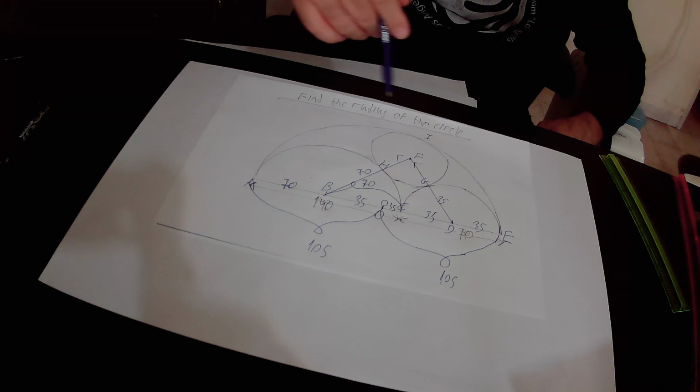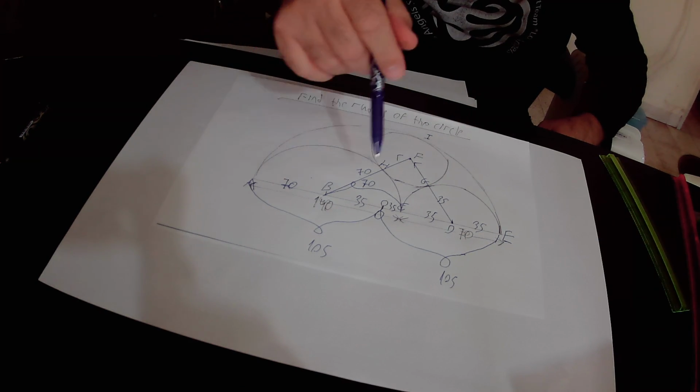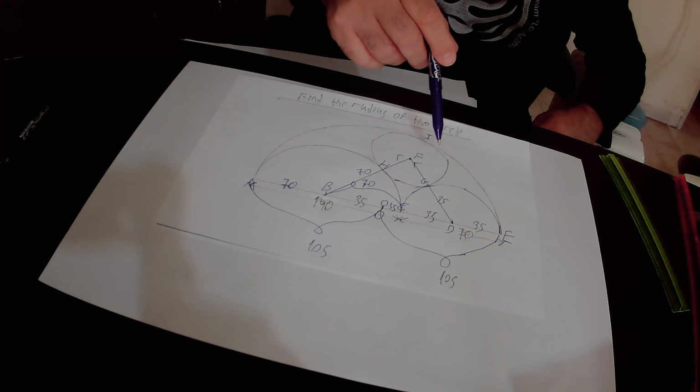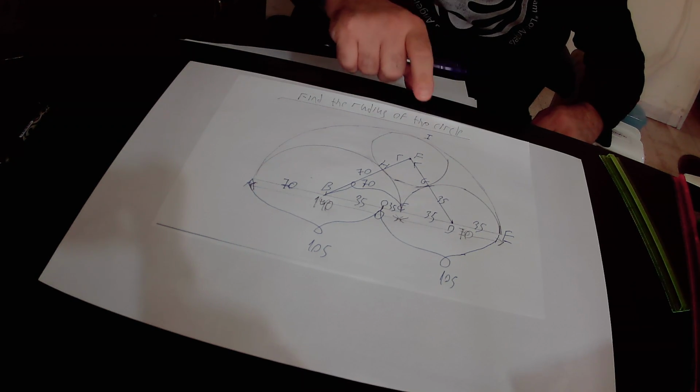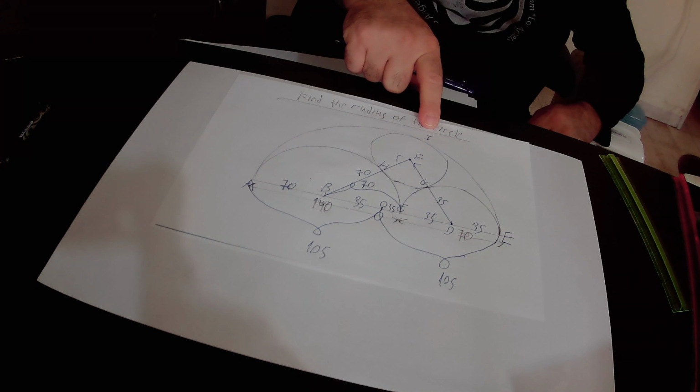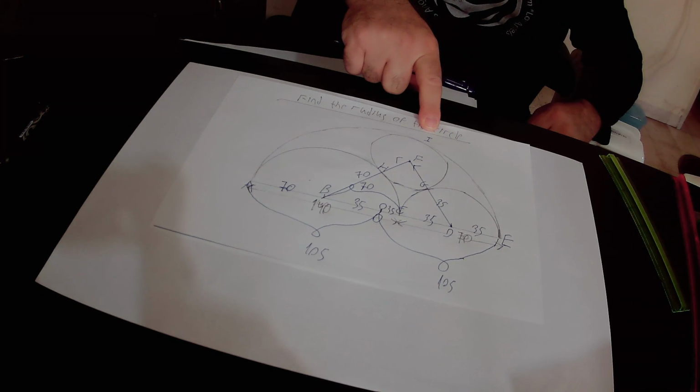The biggest semicircle has an internal touching with this circle. That is to say, they are touching each other internally at point I. Point I is the touching point or their point of tangency.